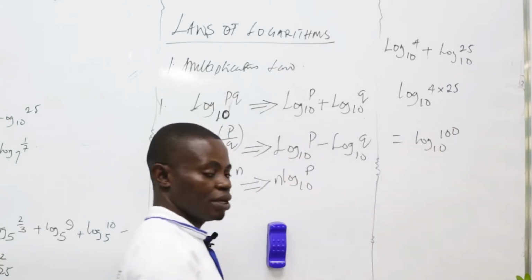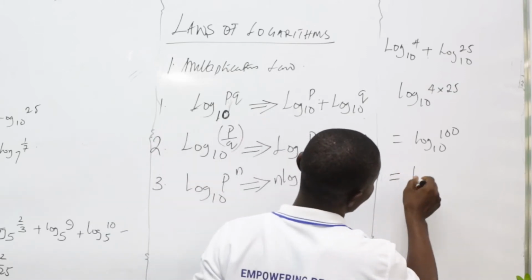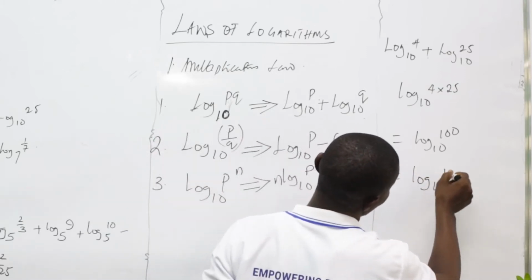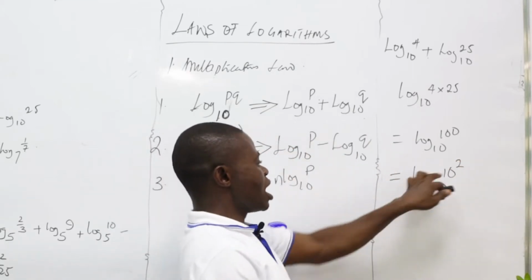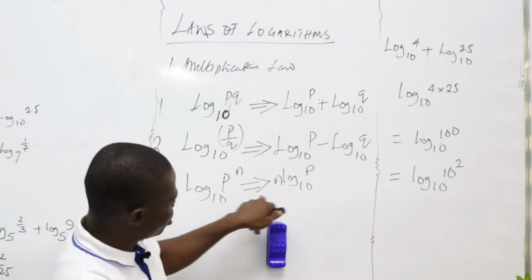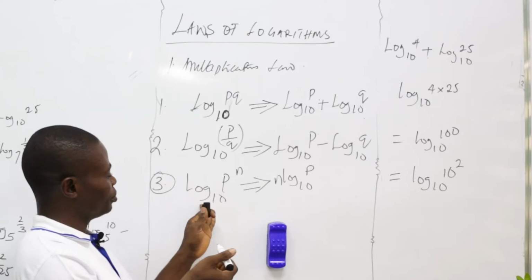Is 100 a prime number? No is the answer. So represent it in index form, which is 10 raised to the power 2. Can you see this? It's relating to the third law, which is the power law. Watch it very well.